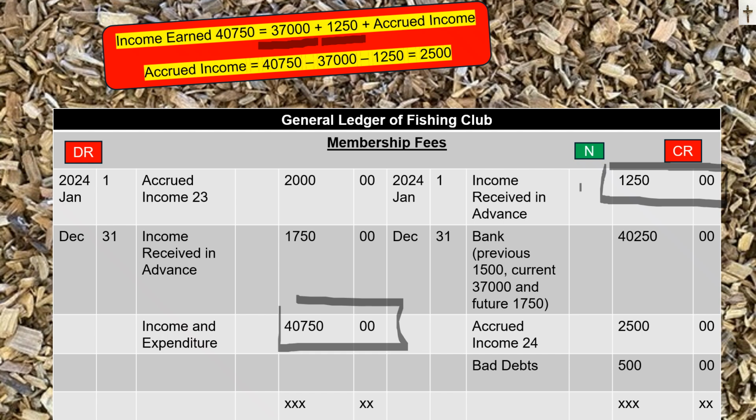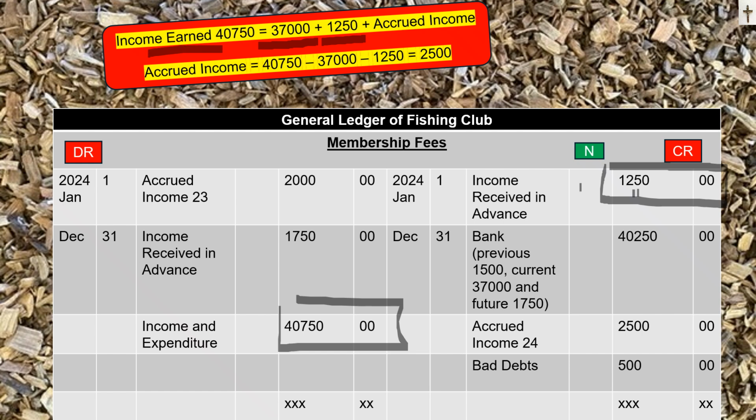The income earned actually was only earned. The money that we received in 2023 was only earned in 2024. That's why this adjustment is brought into the membership fees in the current account.